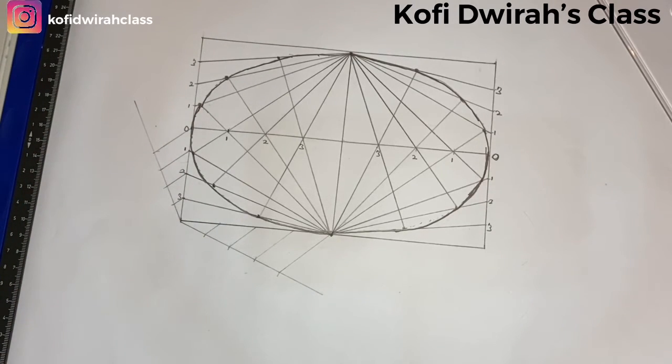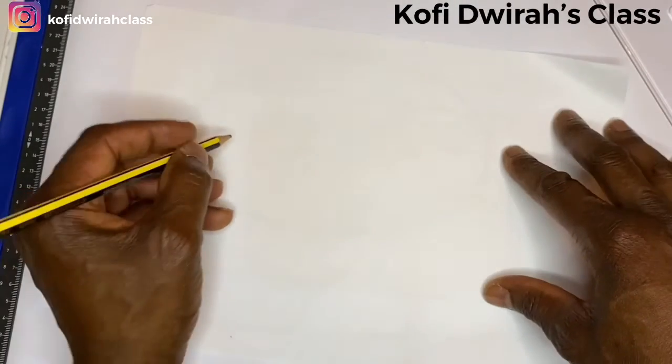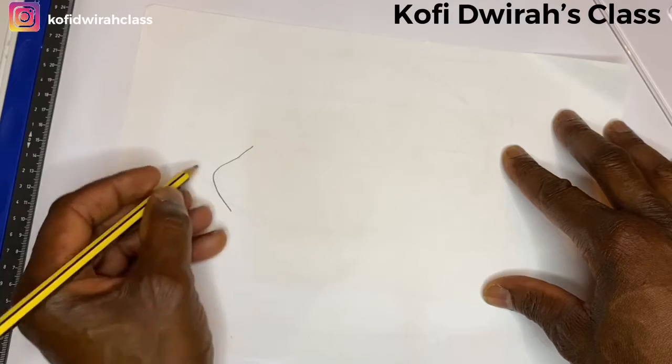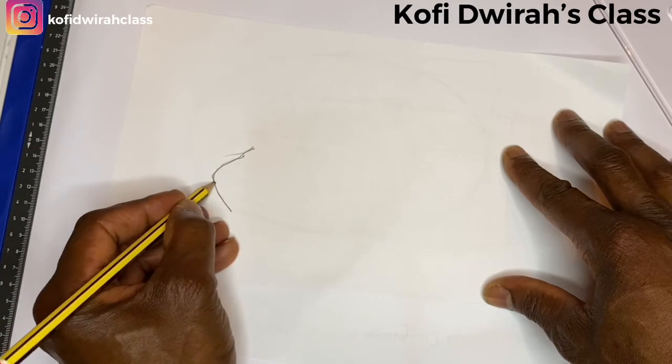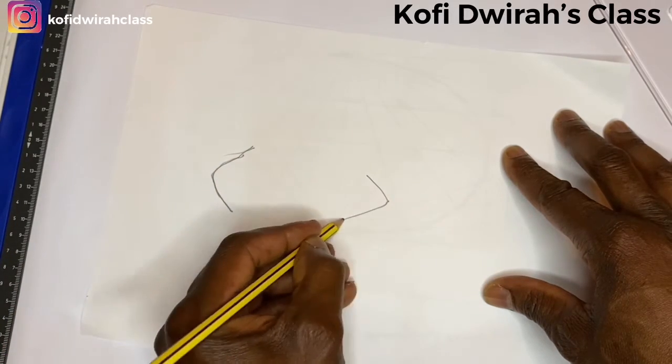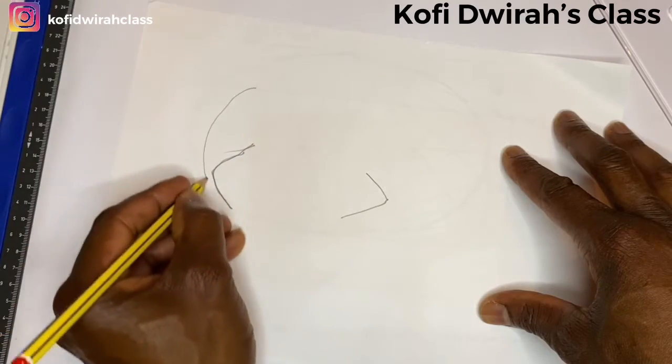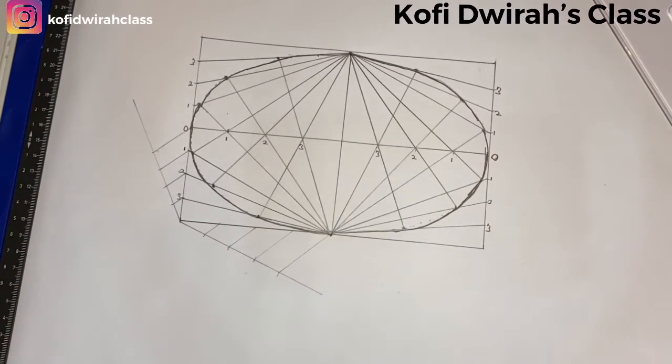Sometimes people try to draw it anyhow like this. When you get to the end, they do something like this, which is not the right way. It has to be round. It goes like this. So this is how to construct an ellipse using the rectangular method.